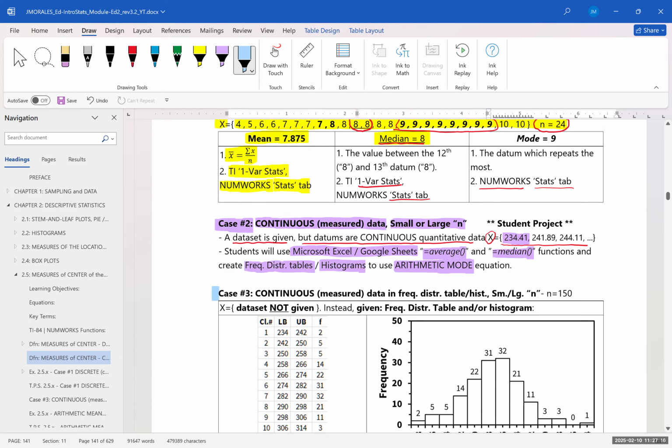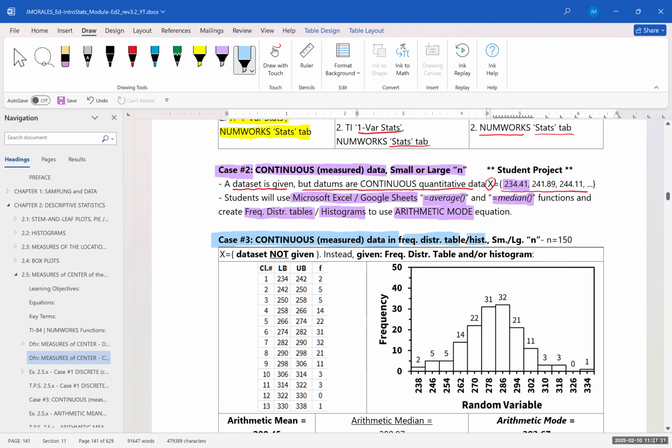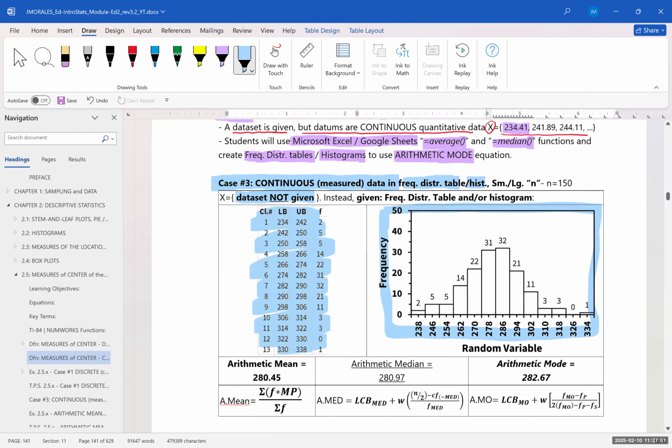And then the third and final case is, again, when you're dealing with continuous data, but you don't have access to the data set, you only have a frequency distribution table or a histogram to work from. So you can see here, the data set is not given. Instead, you have this frequency distribution table, or you have a histogram. This is what you have to work off of. So in this case, if that's all you got, then there are three different equations for calculating the mean, the median, and the mode.